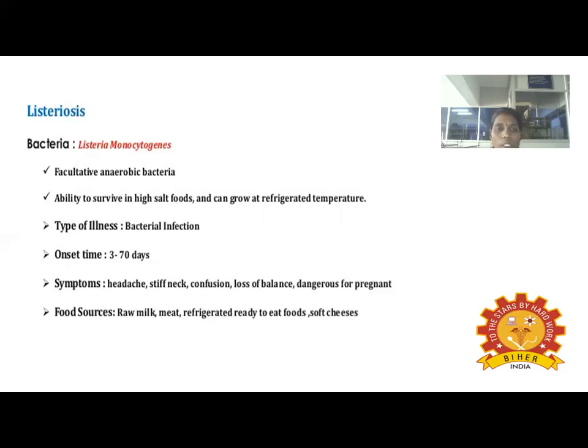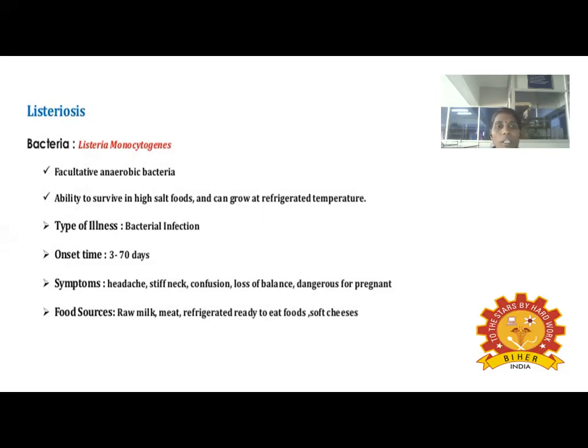Then food sources: raw milk, meat, refrigerated ready to eat foods, soft cheeses. The bacteria species is Listeria monocytogenes. Because of this species, the disease is called listeriosis.